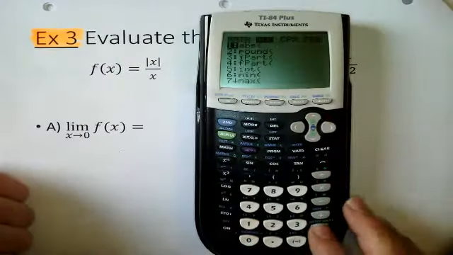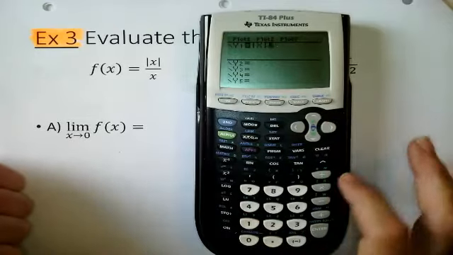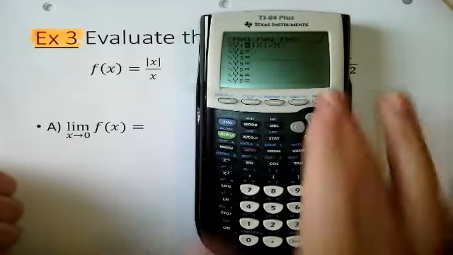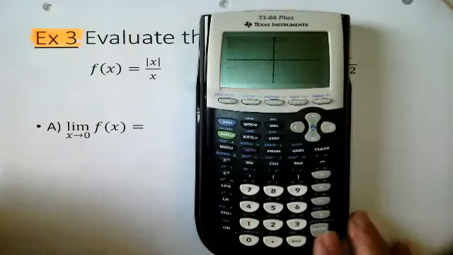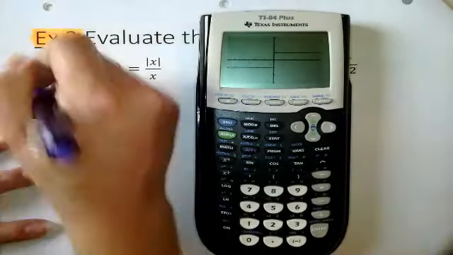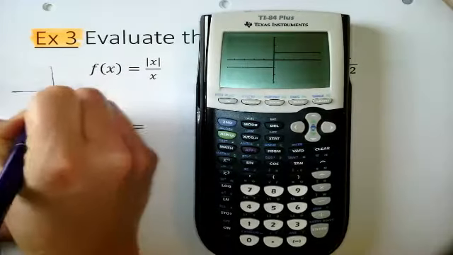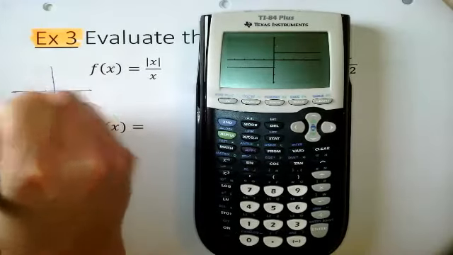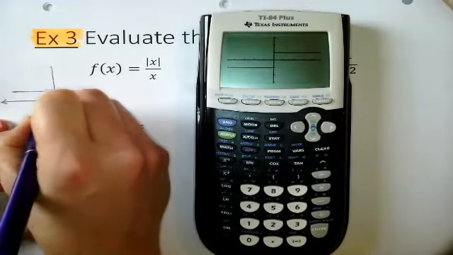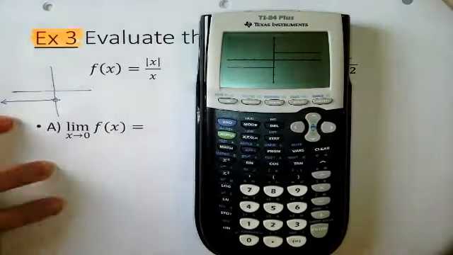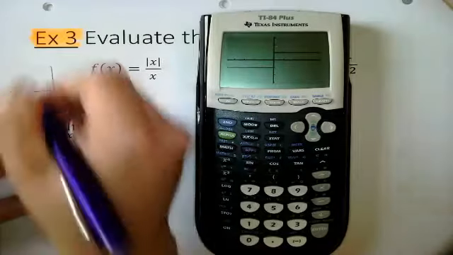So I'm going to go and put in my absolute value of x divided by x and take a look at that graph. I'm going to do a zoom decimal, zoom 4. It just sort of zooms in a little bit. And you can see that this graph is negative when x is less than 0.